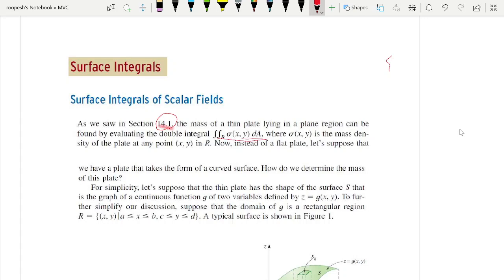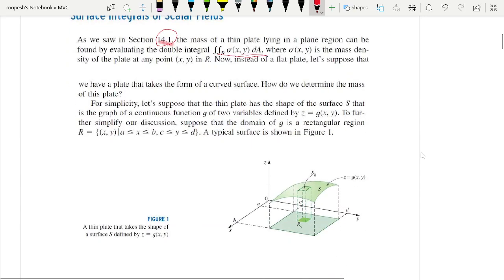Now, if sigma(x, y) is the mass density of the plate, then instead of a flat plate, let us suppose that the plate is of this type. Our question is how we can determine the mass of this plate.